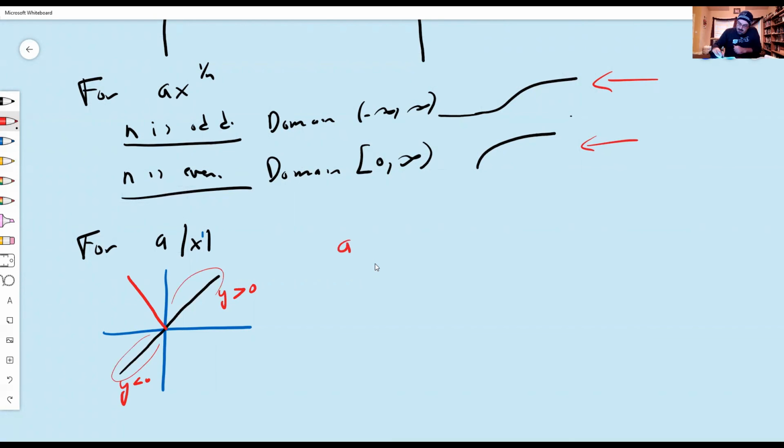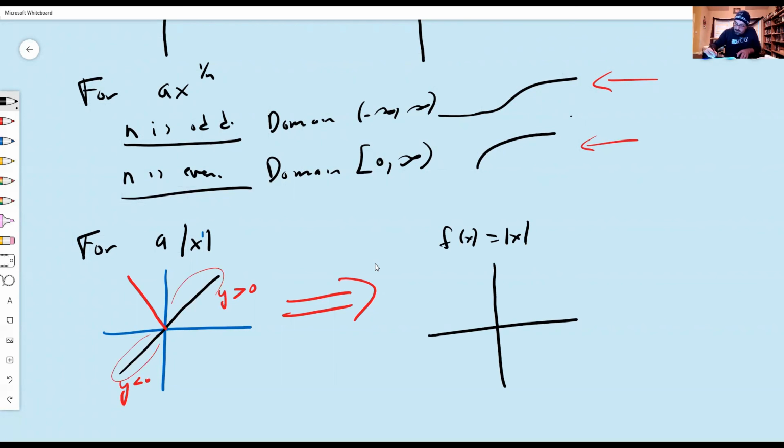So if I have f of x equals absolute value of x, it's literally just going to give me a v. Now, if you actually have an a value, you're going to need to adjust for that. The a value will make the v either thinner or wider.